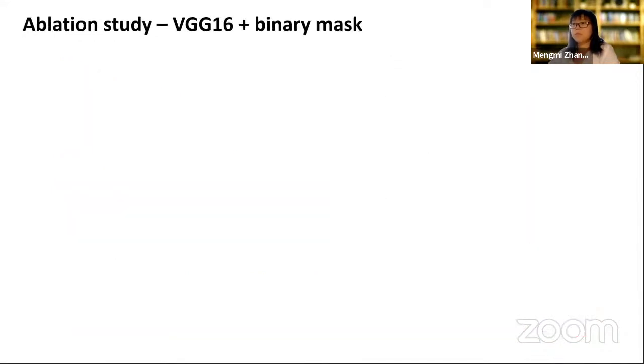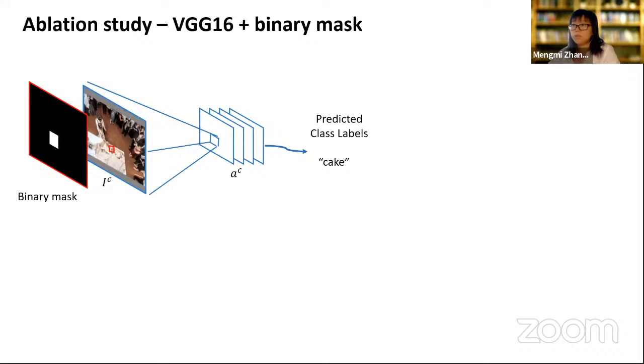Next, we probe into the question about how the target information can be represented as the input to the network. Here I'm showing the alternative approach, which is to concatenate the natural stimulus with a binary mask indicating the target object location.